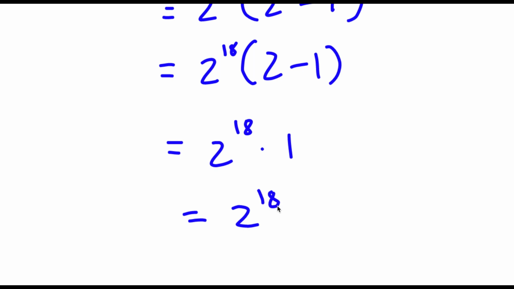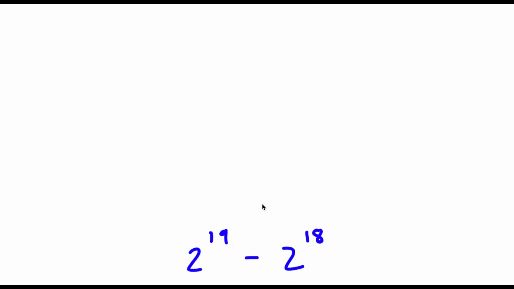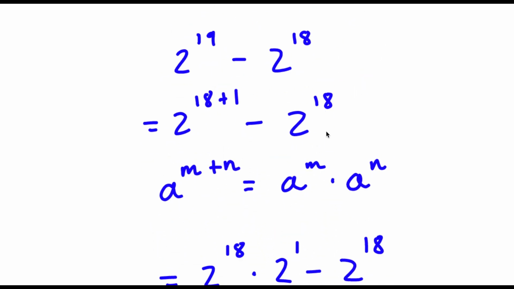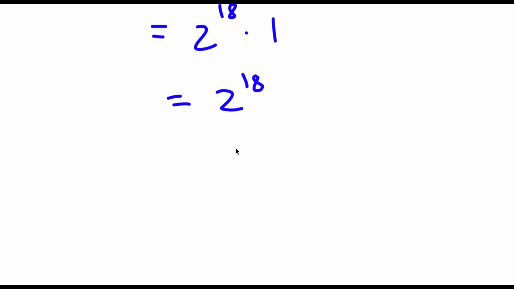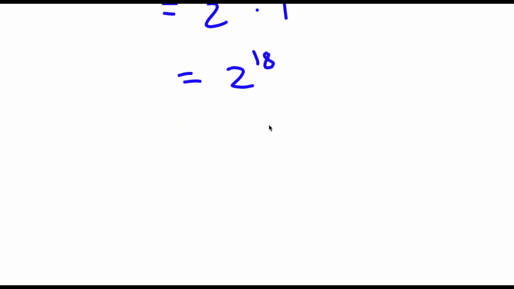2 to the power of 18. So now what we're going to want to do is find the value for 2 to the power of 18. So we found out that 2 to the power of 19 minus 2 to the power of 18 is 2 to the power of 18. So now to find the value of 2 to the power of 18, I'm simply going to simplify this a little bit. So 2 to the power of 18, well 18 here, this is the same thing as 9 times 2.